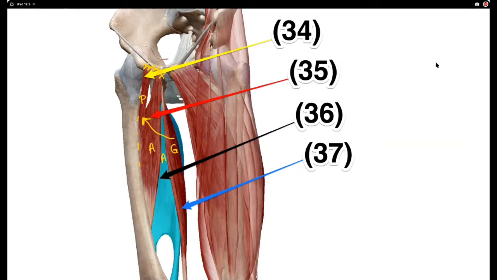This is to remind us of the first letter of the muscles here forming the adductor muscle group. So if you remember, the most medial one, number 37, what did we call this medial muscle in the adductor muscle group that starts with a G?